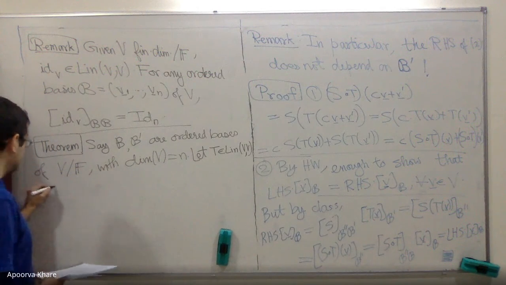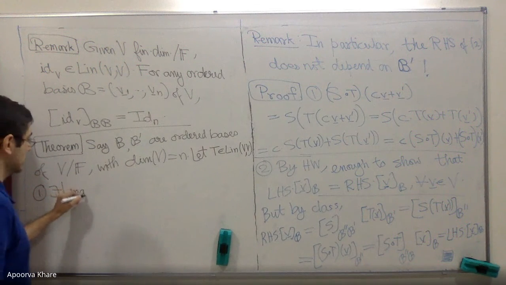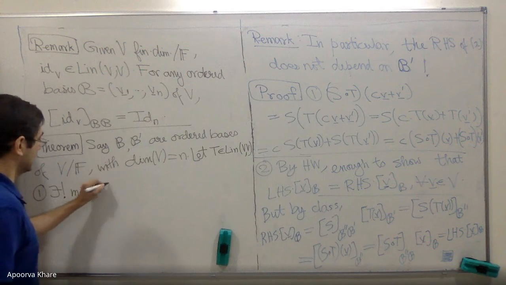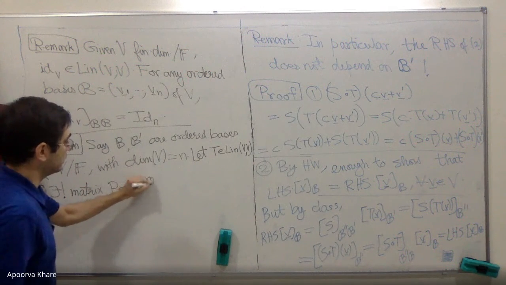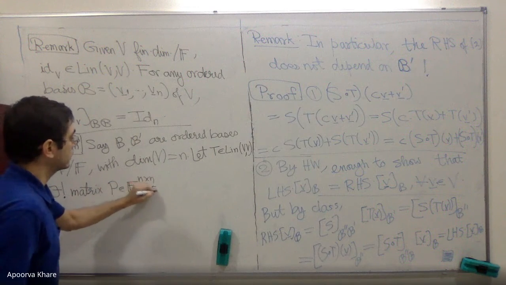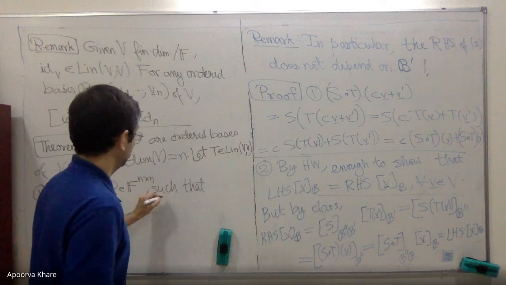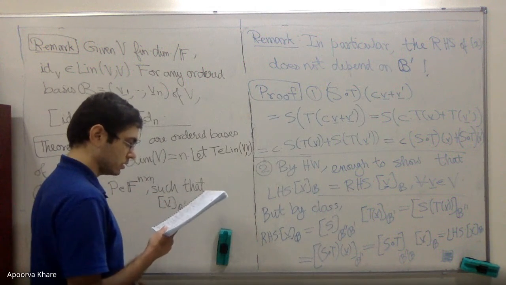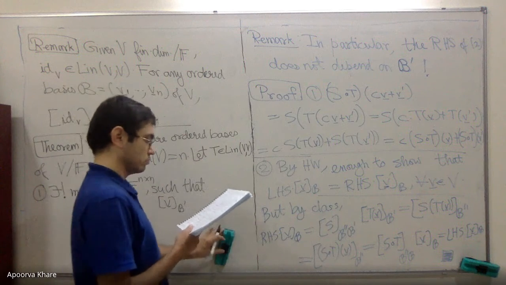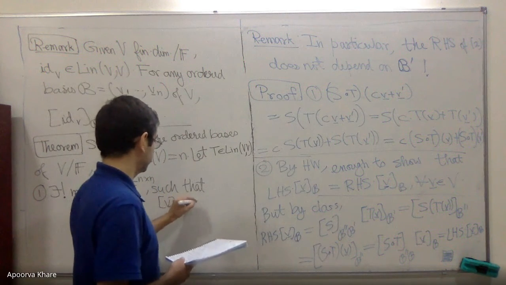First, there exists a unique matrix P, which is n by n with entries in F, such that if you look at the coordinates of V in this basis, no, the other way. Anyway, fine.